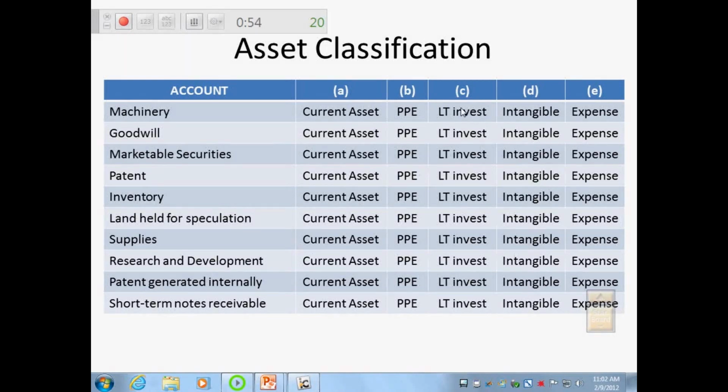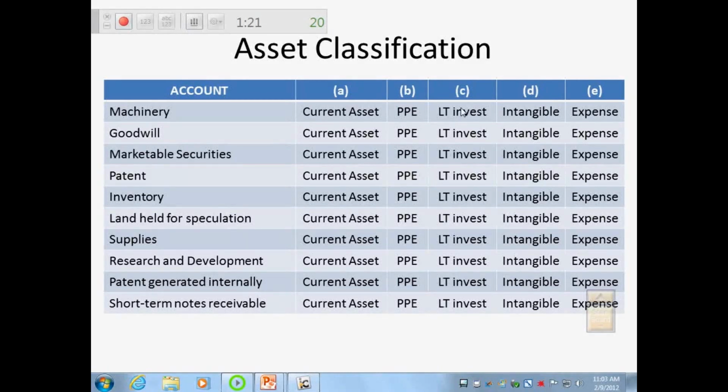However, you could own securities that are tradable but that you don't plan on trading within the year, and they could legitimately be considered long-term investments. Usually, if they're called marketable securities, that's the label that we give to the things that we call current, and we just call the stuff that's longer term, long-term investments.